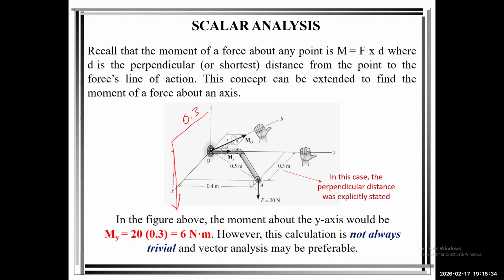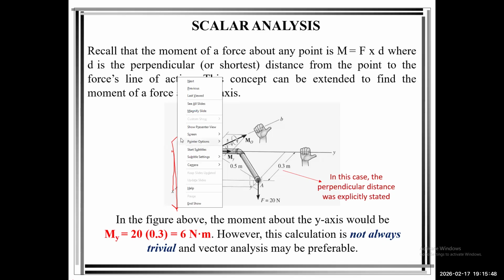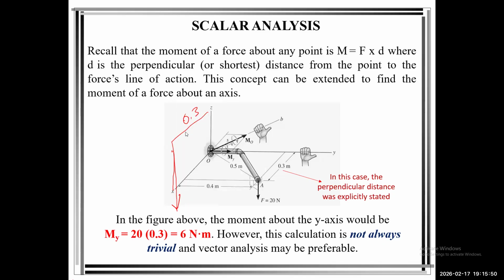So let's say it is in the XY plane, for example. Then your turning effect would be about the Z axis. For this one here, let's say your force is going down in the Z direction and your distance is in your X. So this will be your XZ plane.